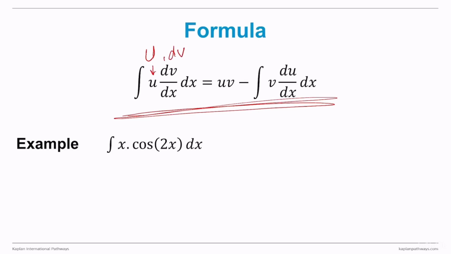So the integral of u dv equals u multiplied by v minus the integral of v du. So if we make x equal u, then cosine 2x is going to be dv. And then now we can apply this formula.